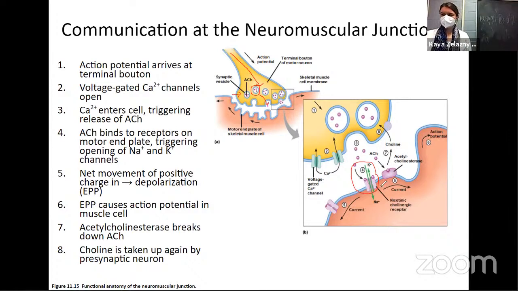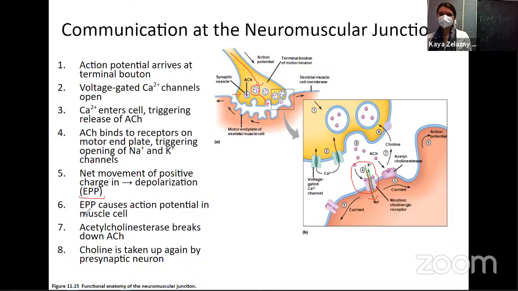And now we have the net movement of positive charges in. So as we can see, that's our friend sodium again. We got a bunch of sodium come in, causing depolarization, which here we're calling our end plate potential. Special name because it's in a muscle, but it basically works like we saw in our other locations.